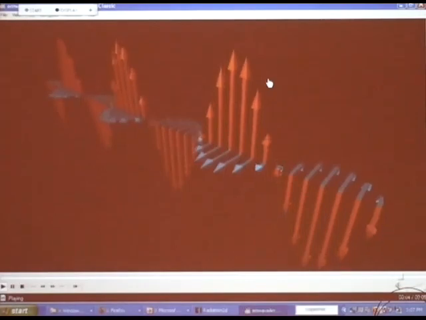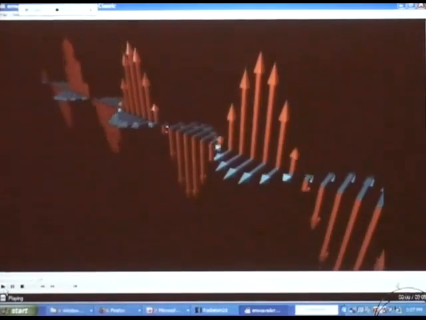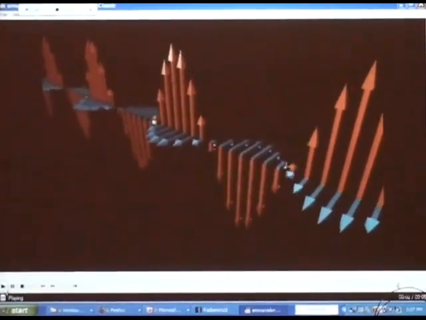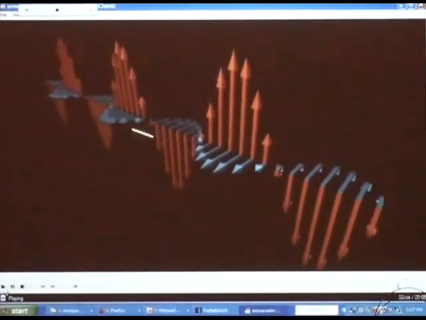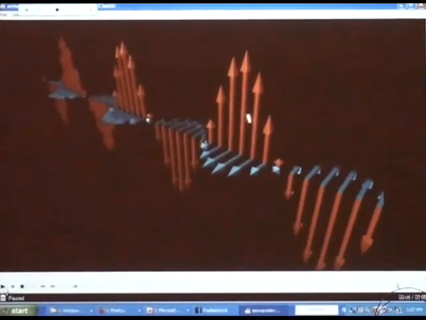All right. So that's the electromagnetic wave. Of course, it's just a mathematical construct that I'm showing you now. What's waving here are these red arrows and these blue arrows. The red arrows show the magnetic field wave, and the blue arrows show the electric field wave.